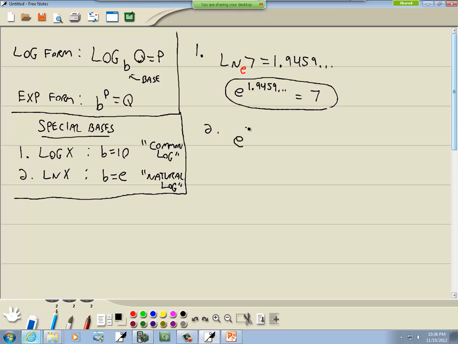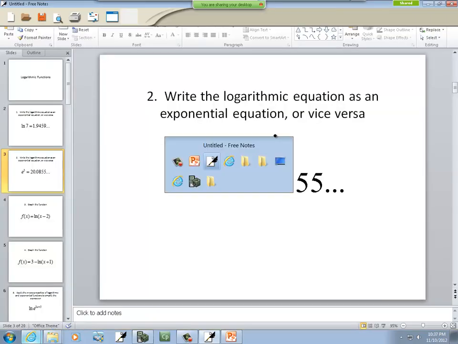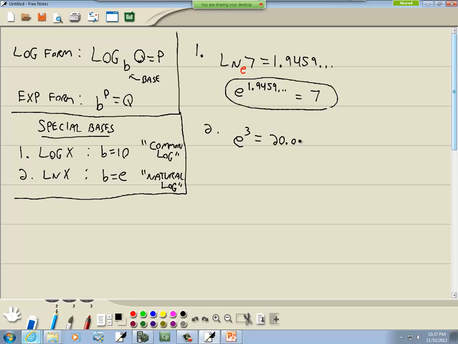Our second problem, we have e to the third is equal to 20.0855... This is an exponential form. We want to go backwards and put it in this form. Well, this would be our b, if I were to actually label them. And this is our p, and this is our q. I could have done the same thing on the last one.